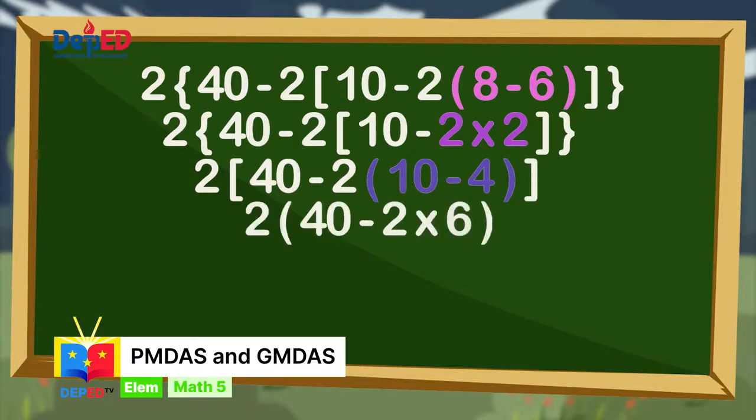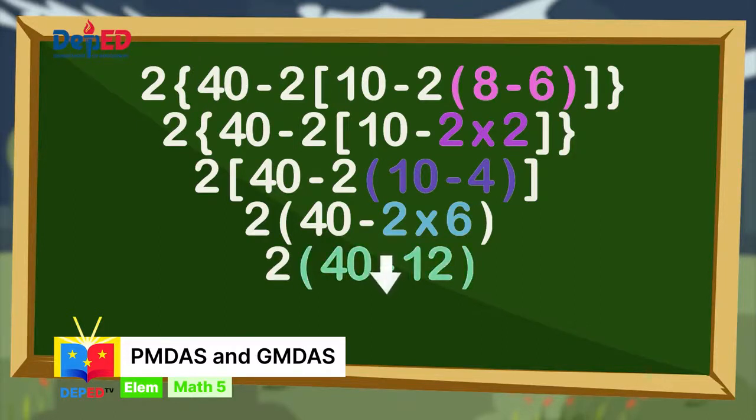Next is we multiply the numbers inside the parenthesis, that is, 2 times 6 is equal to 12. This time, we subtract the numbers inside the parenthesis, that is, 40 minus 12 is equal to 28. Last step is to multiply the remaining numbers. 2 times 28 is equal to 56.